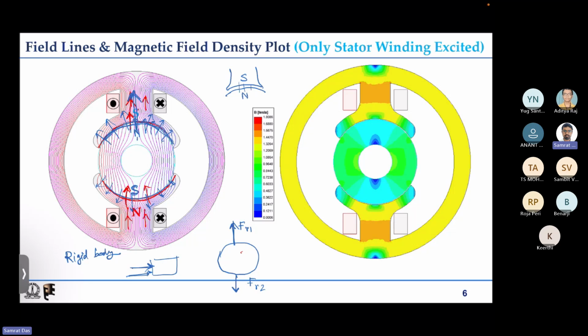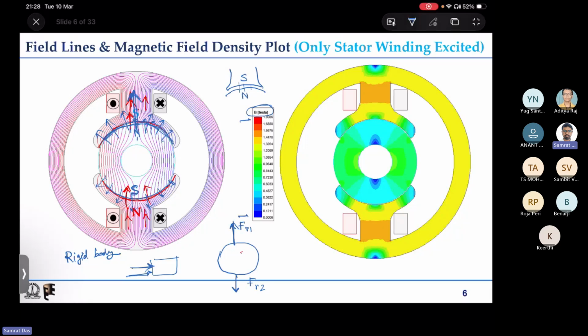So next plot, the right hand side plot, is the color plot, where the color indicates the flux density. So this is the B, flux density in Tesla. The red color indicates the maximum flux density, and the blue color indicates zero flux density. So you can correlate between these two in this portion.